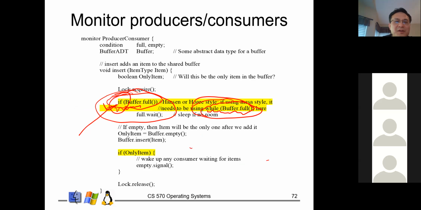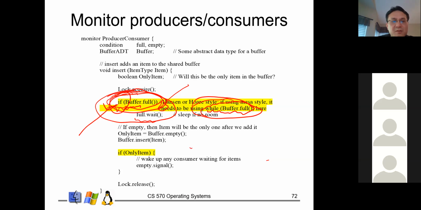So if the signaling process gives up the lock immediately to the awakened process, let's say a thread is blocked here for the wait. If this awakened process can acquire the lock immediately from the signaling process, then it would only need to check if this buffer is full once.